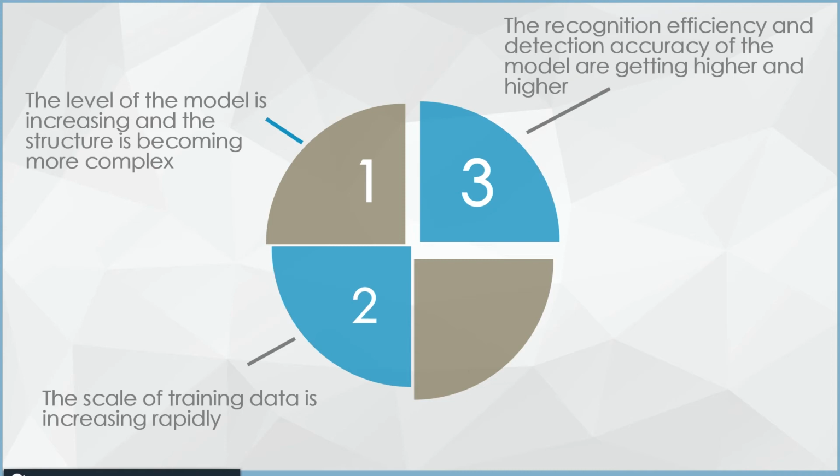And the second we can see here is that the scale of the training data is increasing rapidly. Because as deep learning models become more and more complex and require more and more features, of course, they require a large amount of training data to improve the accuracy of classification or prediction.